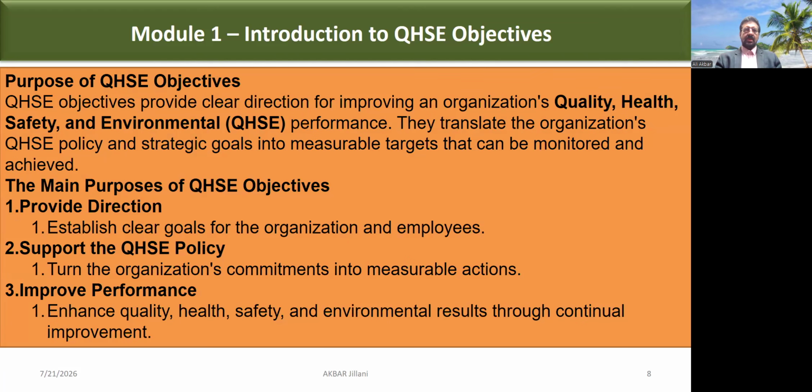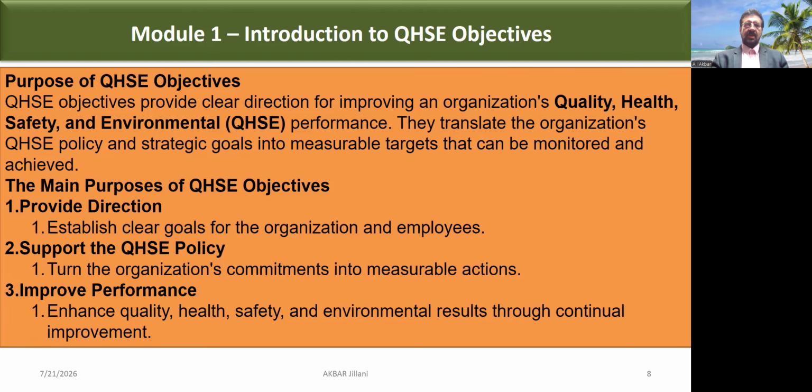So now, what is the purpose of QHSE objectives? QHSE objectives provide clear direction for improving an organization's quality, health, safety, and environment performance. They translate the organization's QHSE policy and strategic goals into measurable targets that can be monitored and achieved.